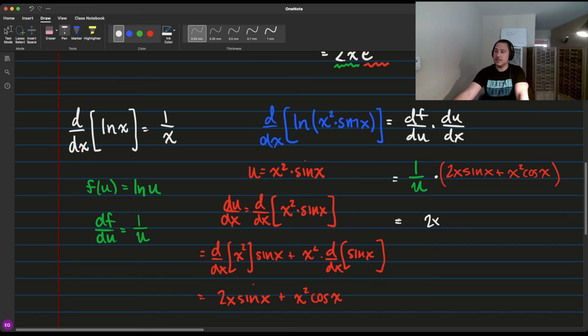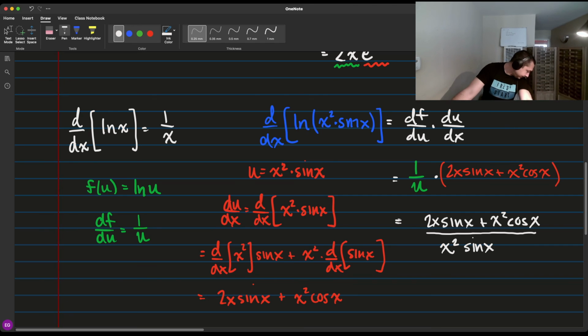The 2x sine x plus x squared cosine x will end up in the numerator, and you have to divide that by u. And what was our u equal to? X squared sine x. Boom. That is your derivative of the natural log of x squared times sine x.